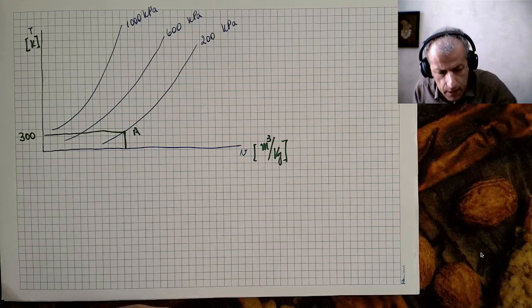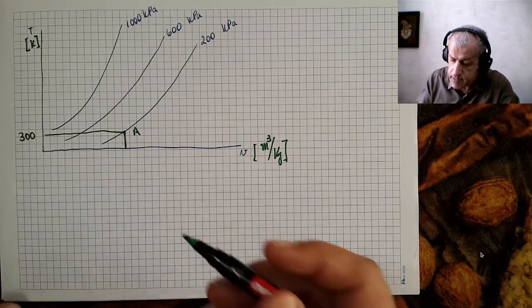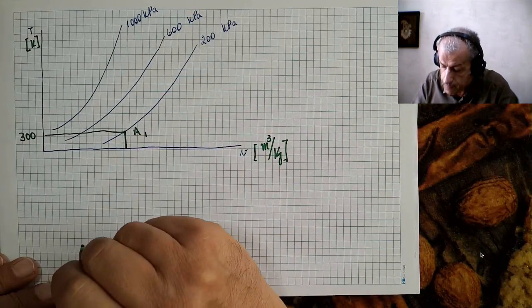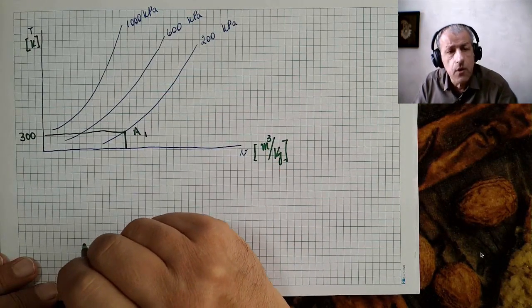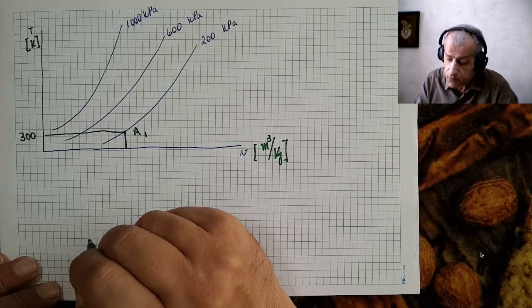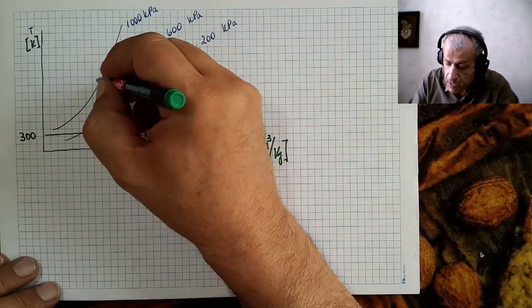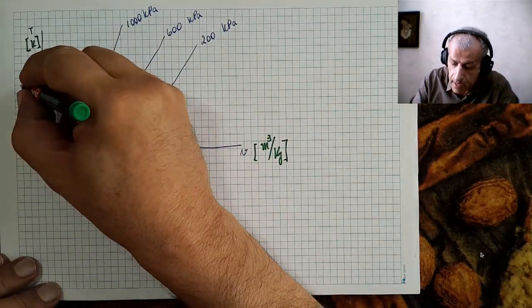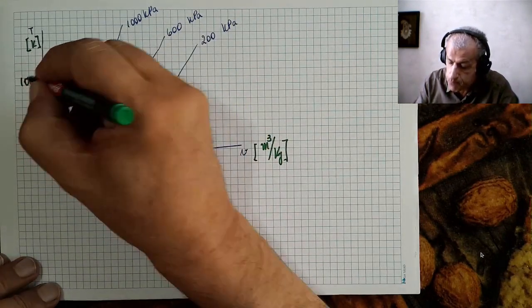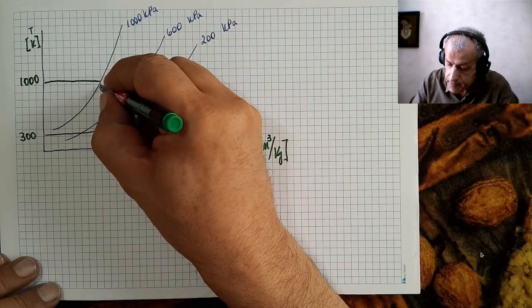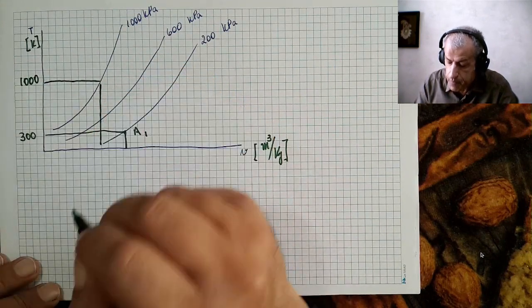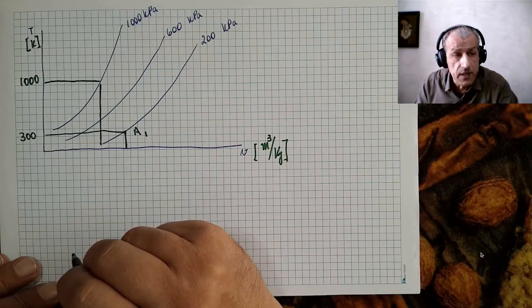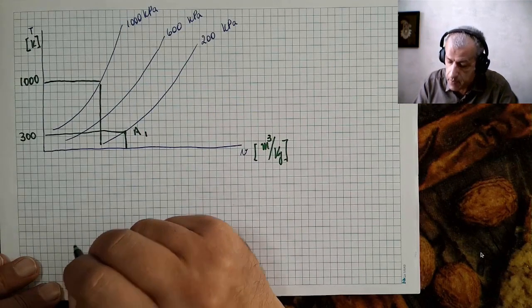This is A, the initial condition for A. As for B, the temperature is 1000 kelvins and the pressure is 1000 kilopascals, 1 megapascal.